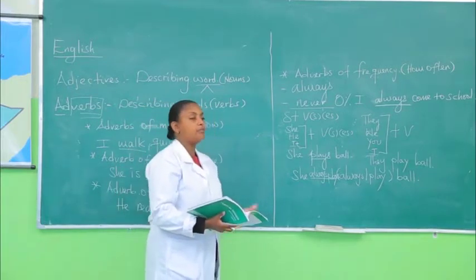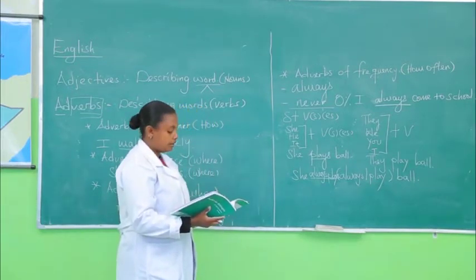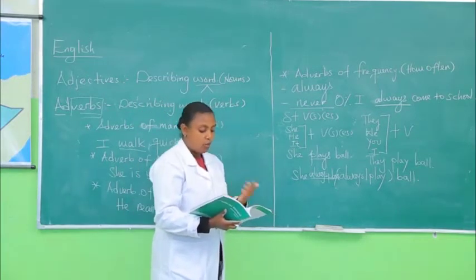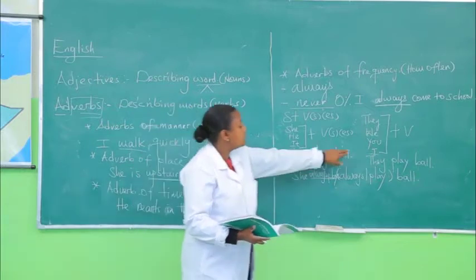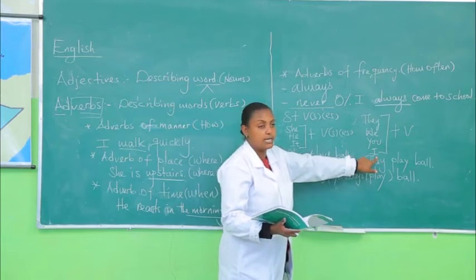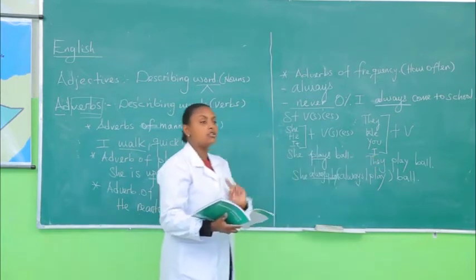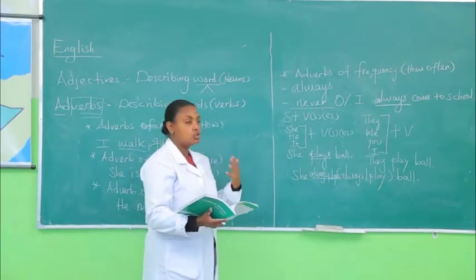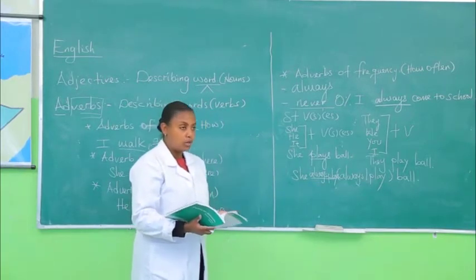The next one, the blank usually enjoy watching football games. As you can see here, I is considered like a plural subject, so there is no s on the verb. So let us do it. I usually enjoy watching football games.